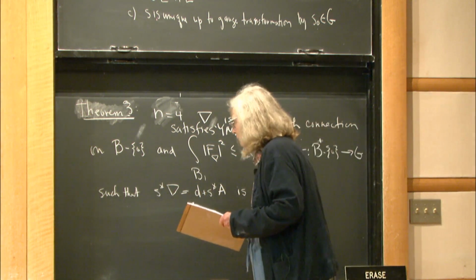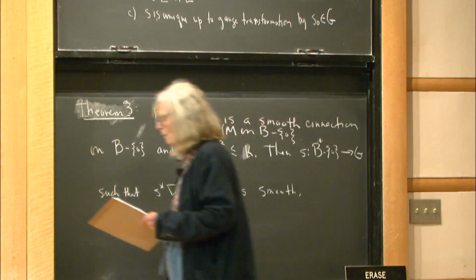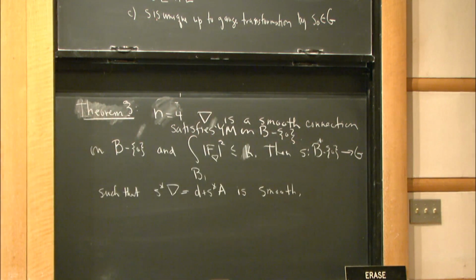So we have a smooth connection on the ball minus the origin, and we want to know if we can fill it in. The answer is that we can fill it in, but we actually don't know a priori what bundle the connection is actually in.